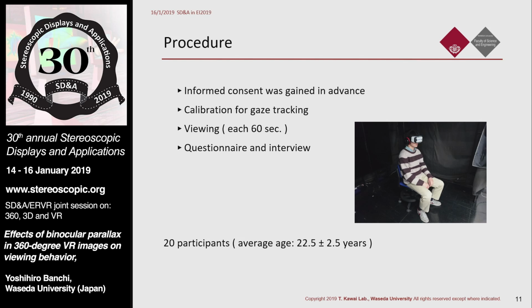The order of conditions was randomized. This picture shows the layout of this experiment. Participants wore an HMD and earmuffs, considering the influence of sound. The experiment participants were 20 university students.